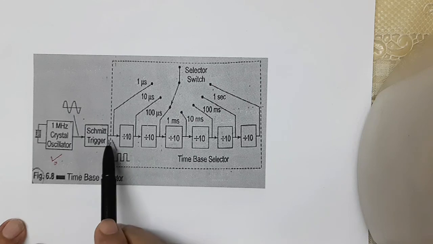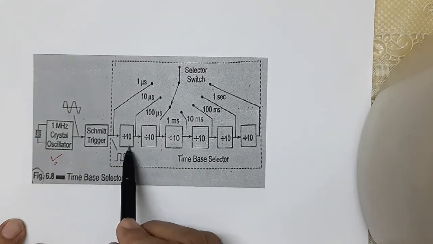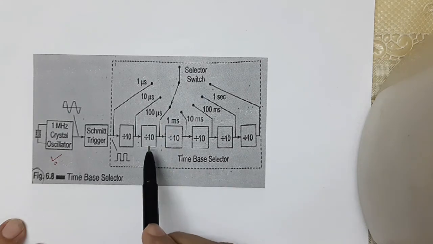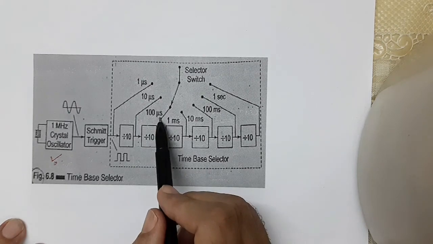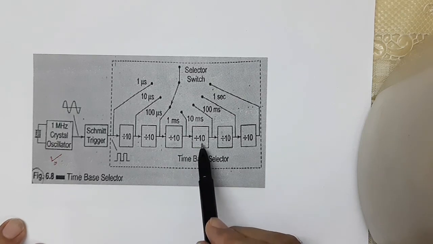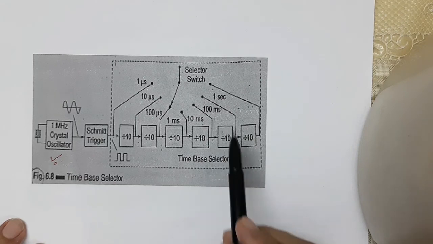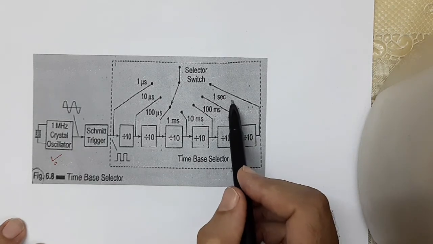That means whatever the frequency here, it is 1 microsecond, divided by 10 gives 10 microsecond, divided by 10 gives 100 microsecond, divided by 10 gives 1 millisecond, 10 millisecond, 100 millisecond, and then 1 second.